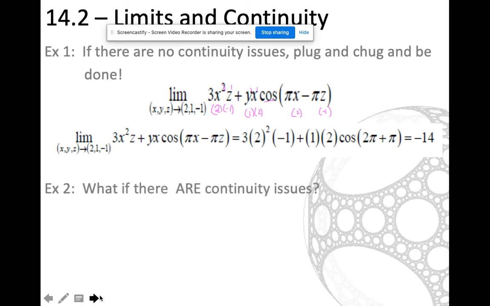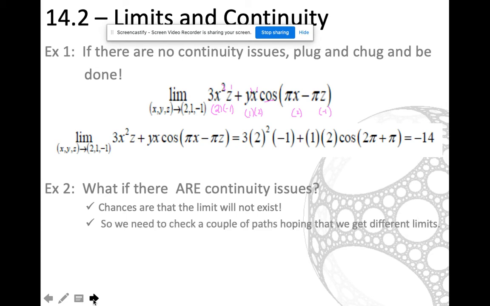However, what if there are continuity issues? Firstly, in these multidimensional problems, the chances are your limit is not going to exist, right? If you have a continuity issue, so many things have to go right in order to make continuity happen that the chances are your limit does not exist.